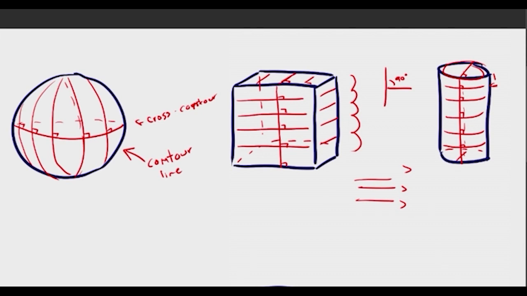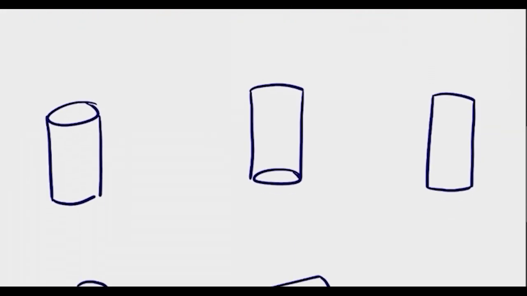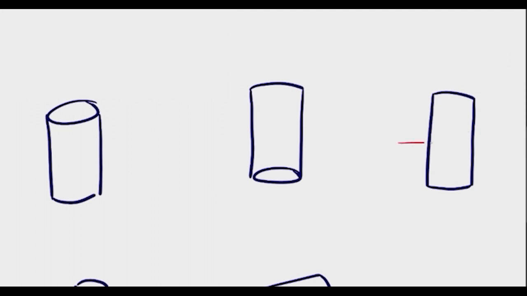In order for this to be helpful to you, you also need to know where your horizon line is. Like with this example right here, your horizon line is right in the middle. Knowing where that horizon line is, you can define more circular shapes in order to showcase where your cross contour lines are.